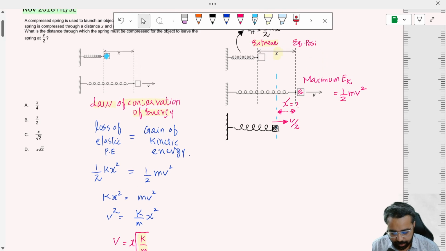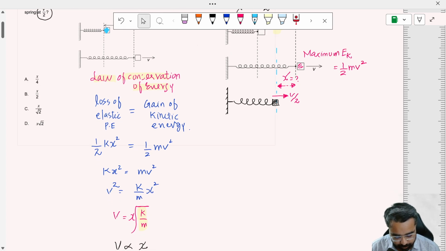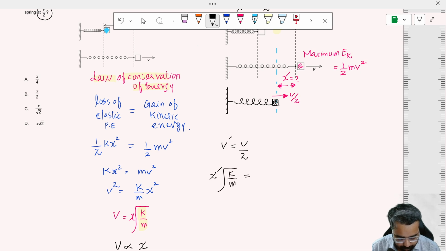So if the speed is v over 2 at a certain point, we are saying v prime is equal to v over 2. So v prime is x prime times the square root of k over m, is equal to 1 over 2 into x times the square root of k over m.